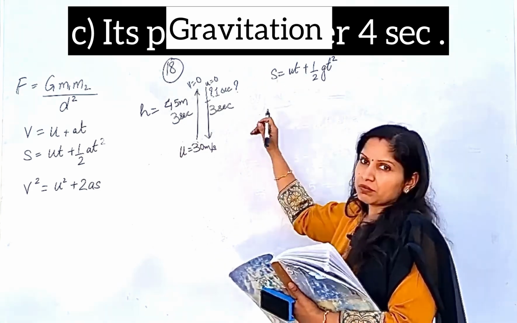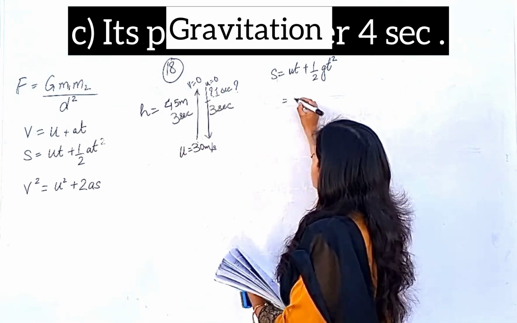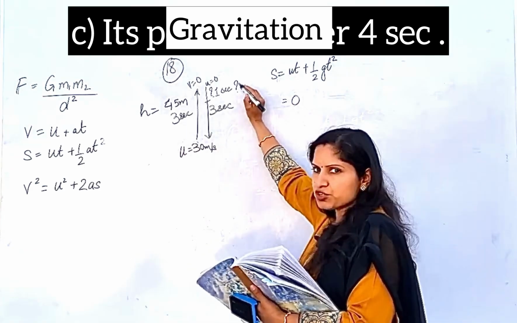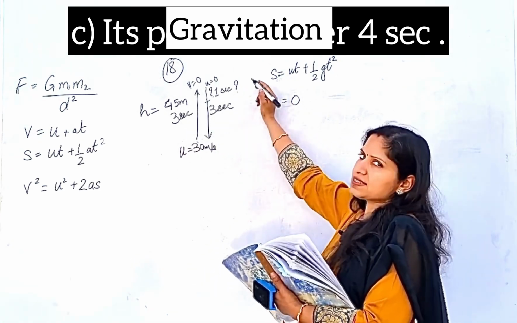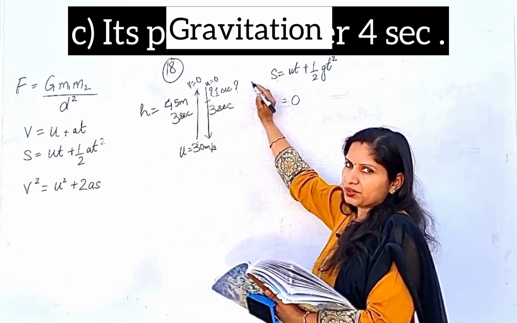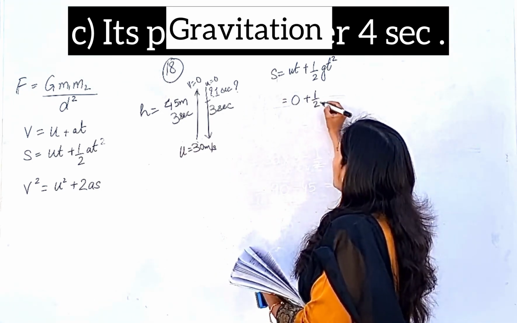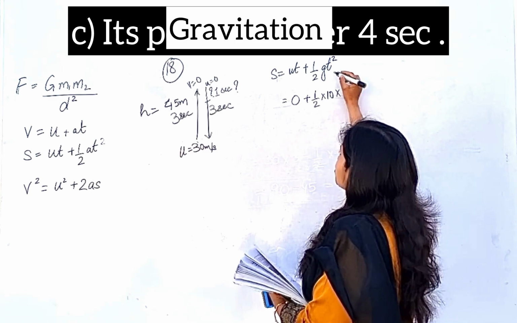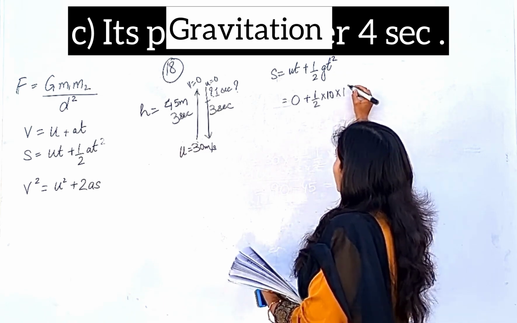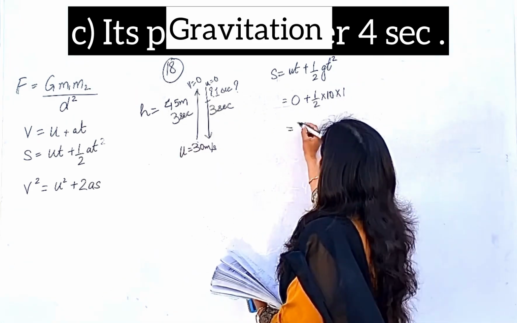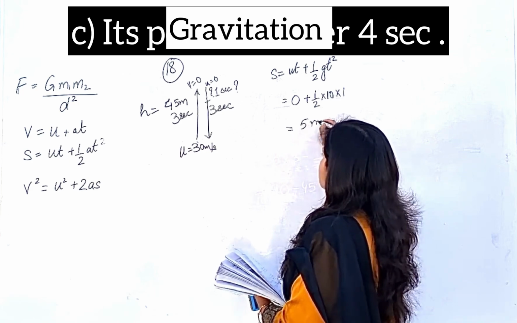Why positive? Because it's coming down. Initial velocity is 0 because at the topmost position, when it started falling back, its velocity became 0. So ut is 0 plus half into g, which is 10, into t squared, which is 1 squared, 1 only. So s becomes 5 meters.